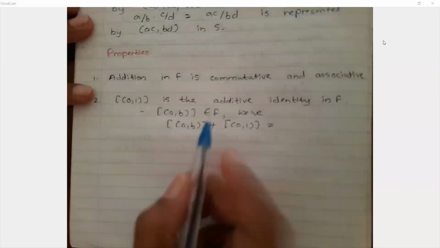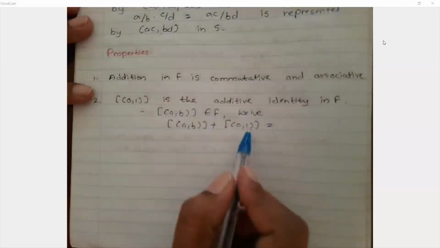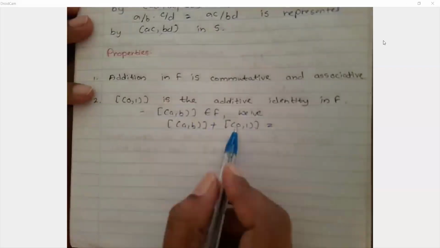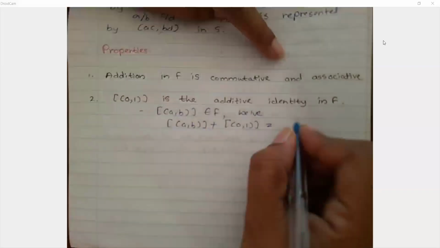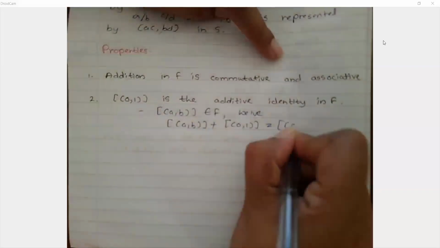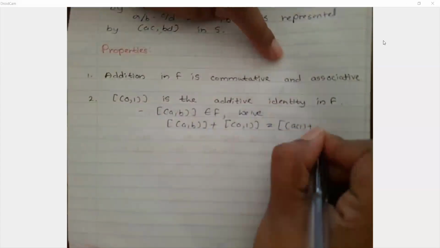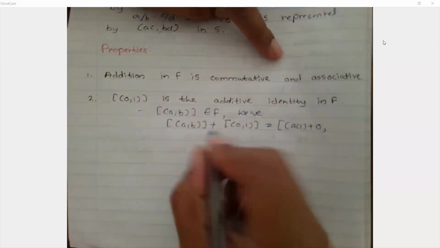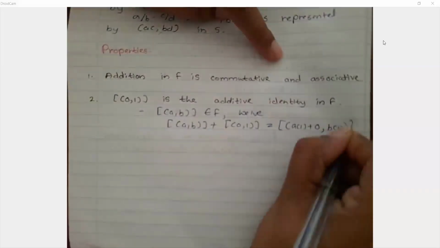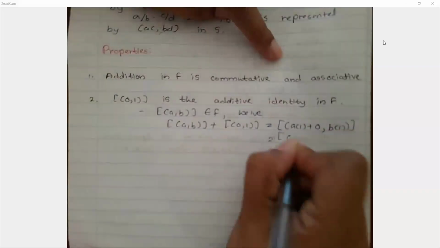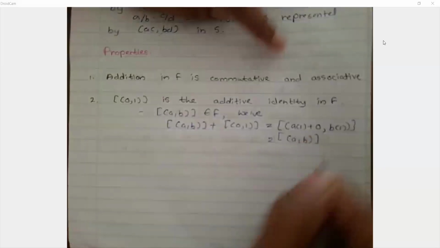So you have (A times 1 plus B times 0, B times 1), which is 0 in the first term, so this is simply (A, B).